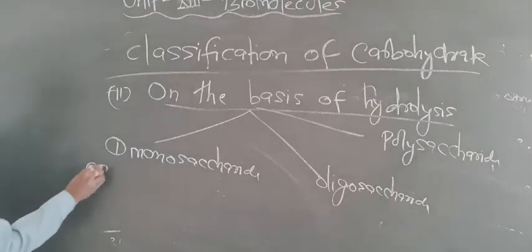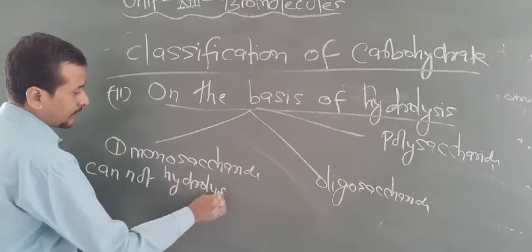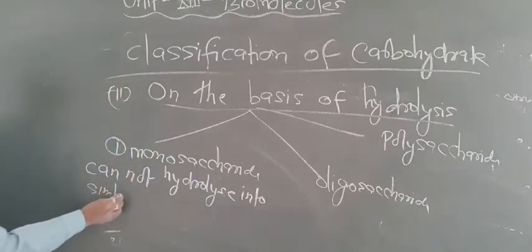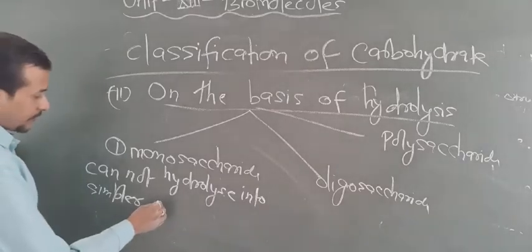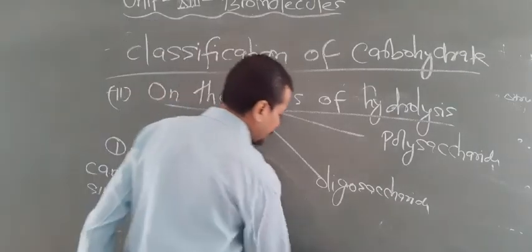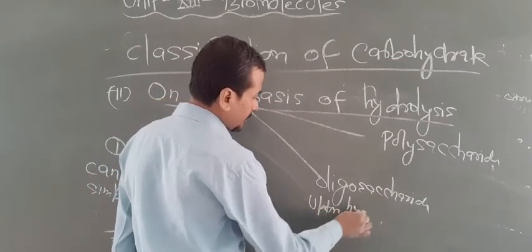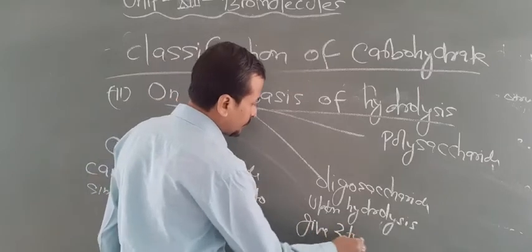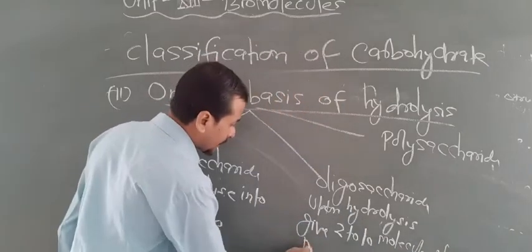You can also write like this: it cannot hydrolyze into simpler molecules. About the oligosaccharide, upon hydrolysis it gives 2 to 10 molecules of monosaccharide.